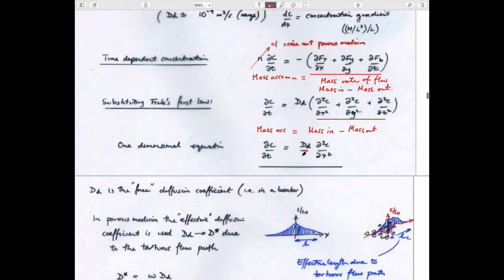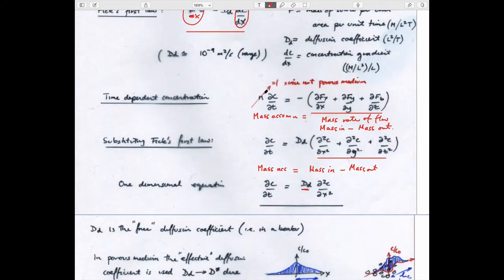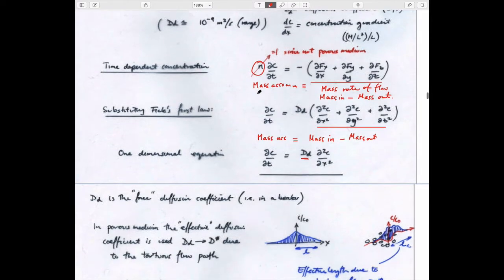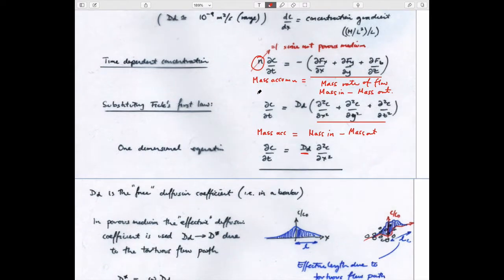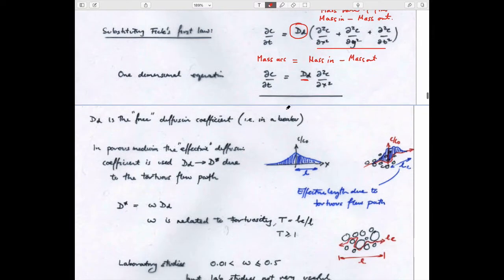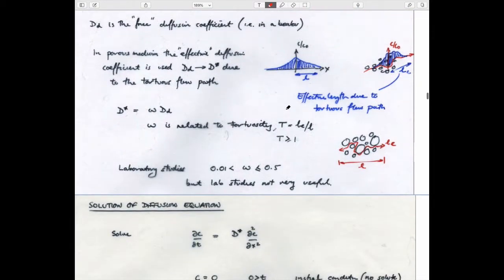So everything that we've done so far, including getting rid of this term, which represents porosity, has assumed we're sitting in a beaker. No porous medium at all. And so this would be the coefficient that represents perfume spreading in air, for instance. In other words, where there's nothing that's blocking its flow, it's just in an open chamber or in a swimming pool or in a beaker.